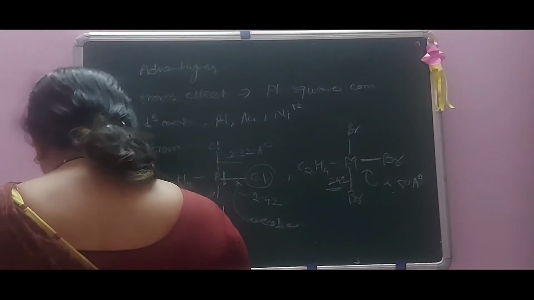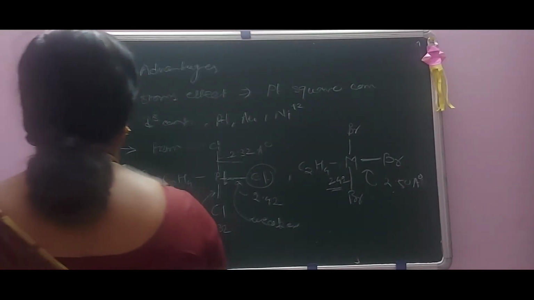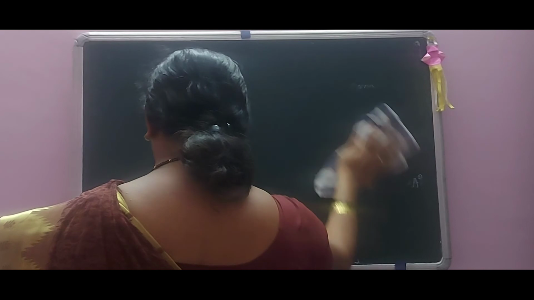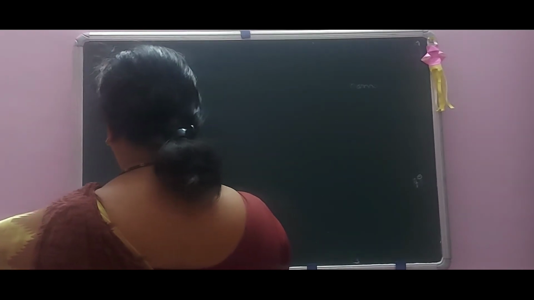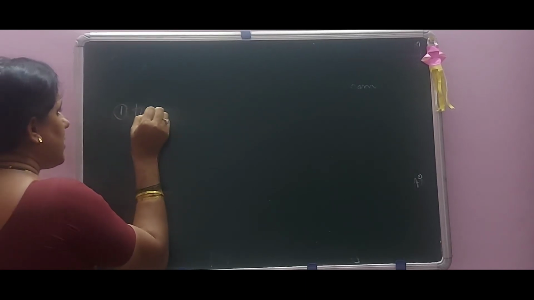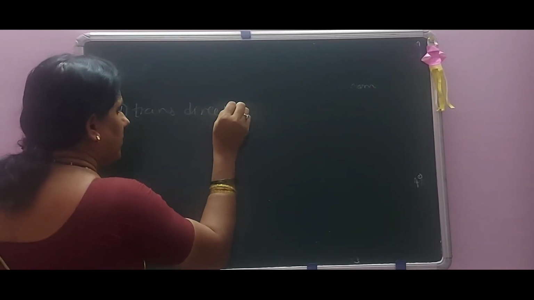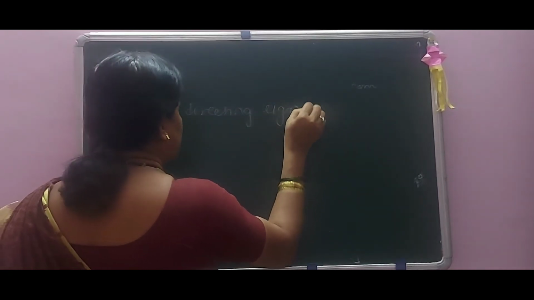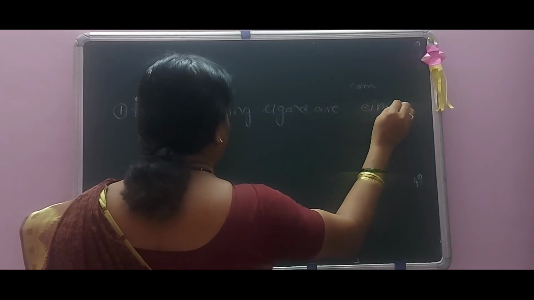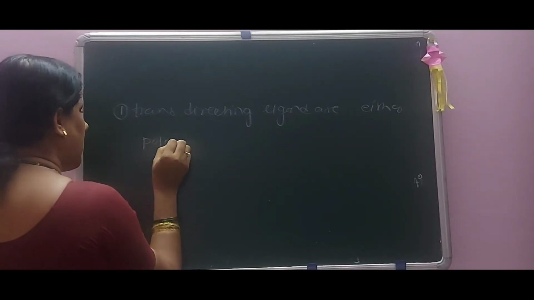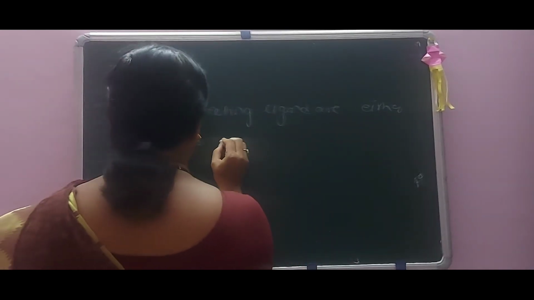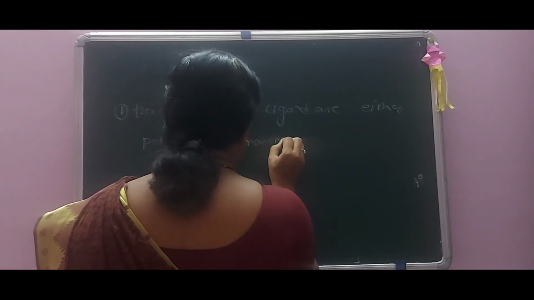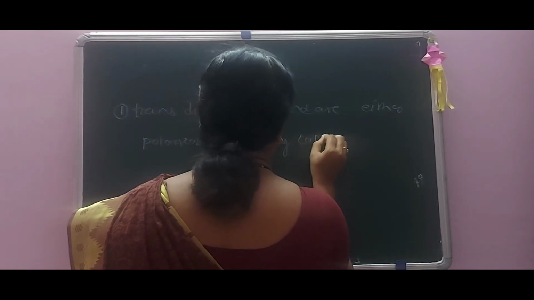The next point is that the trans directing ligands are either polarizable or have the capacity to form a pi bond.